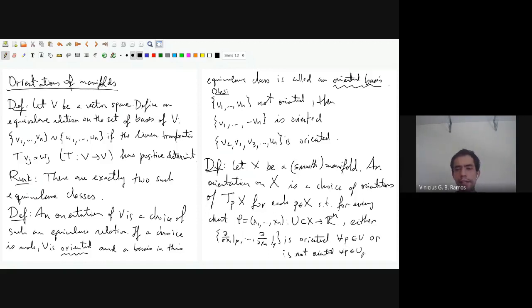This is just a condition to say that this choice of orientation is moving smoothly around any point. It's actually just continuity, because the two equivalence classes are disconnected, so you only really need to require continuity.